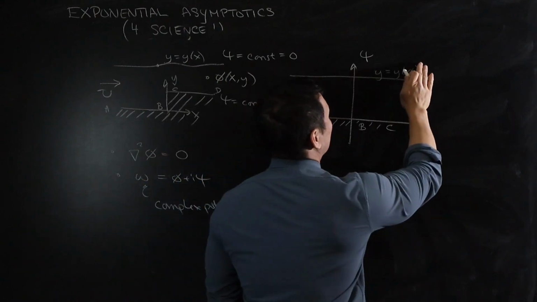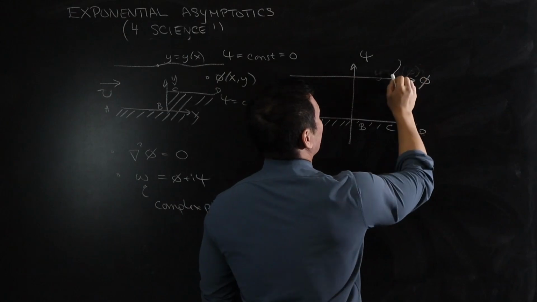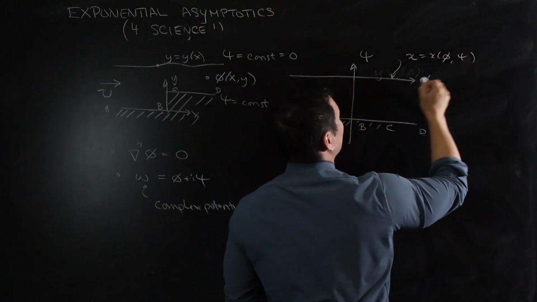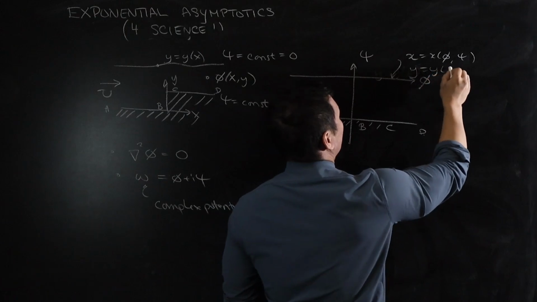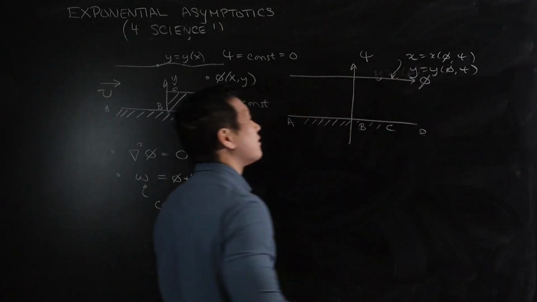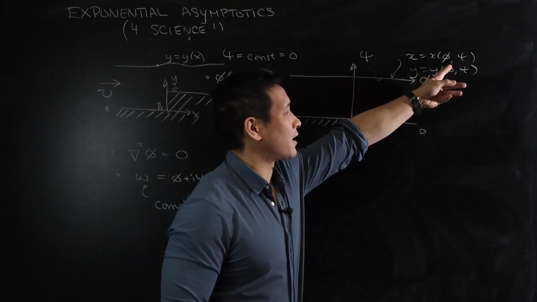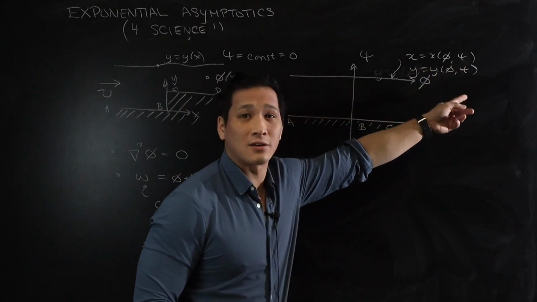So let me write that a little bit more generally. I can think of x as a function of phi and psi, and y as a function of phi and psi. So that the free surface has basically been mapped to x of phi, 0 and y of phi, 0.